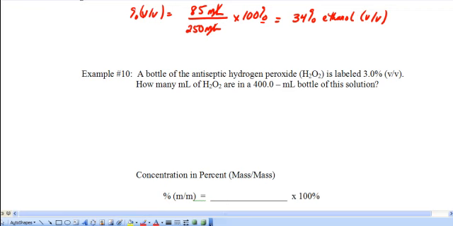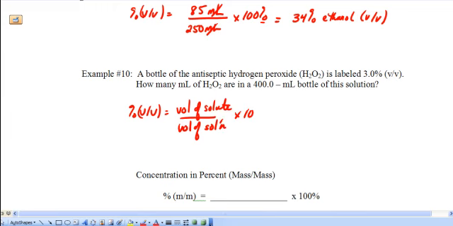Try another. A bottle of antiseptic hydrogen peroxide is labeled 3% by volume. How many milliliters of peroxide are in a 400 milliliter bottle of this solution? So, once again, we know that the percentage by volume is going to equal the volume of solute per volume of solution times 100%.